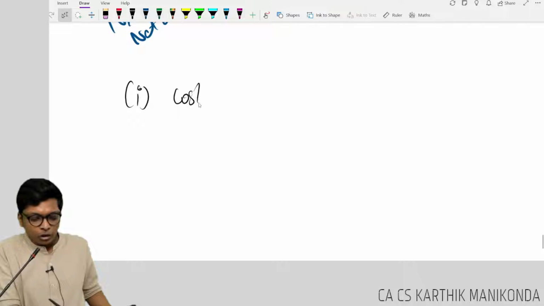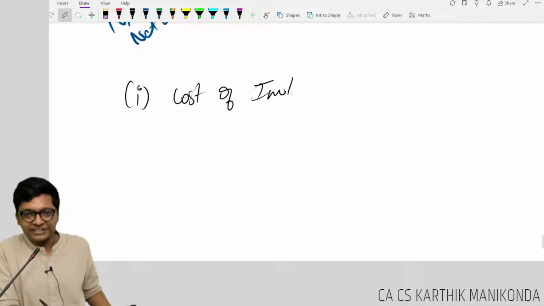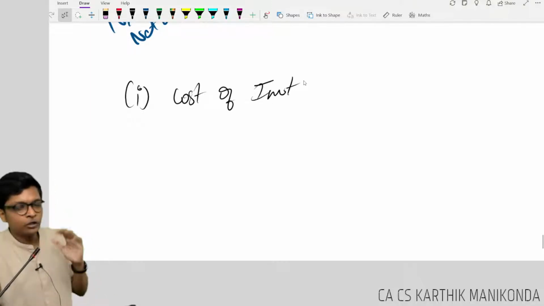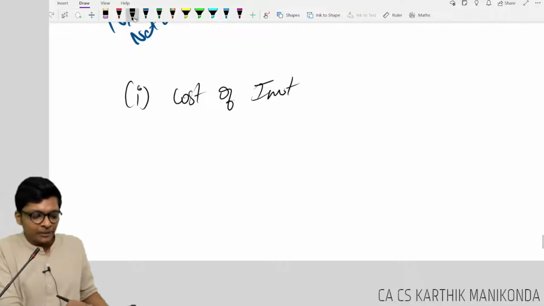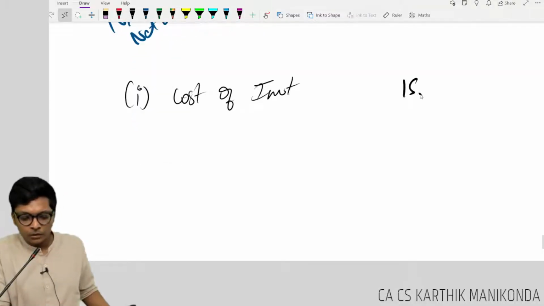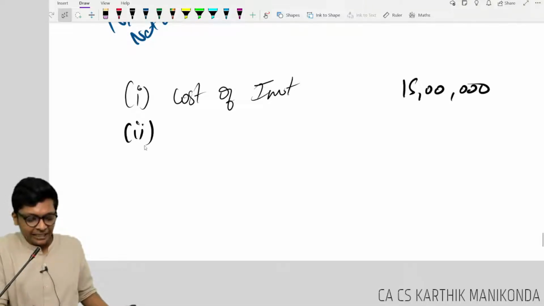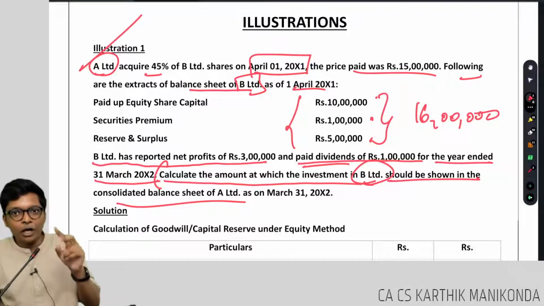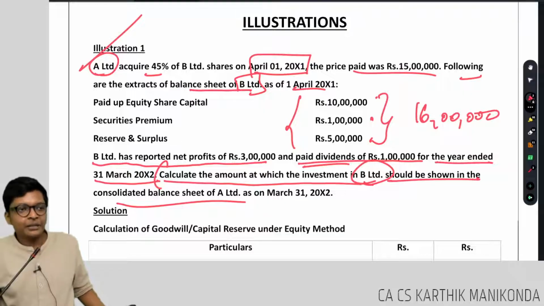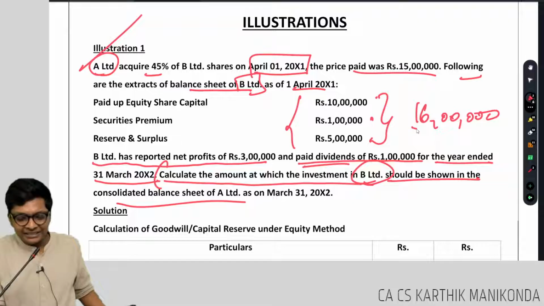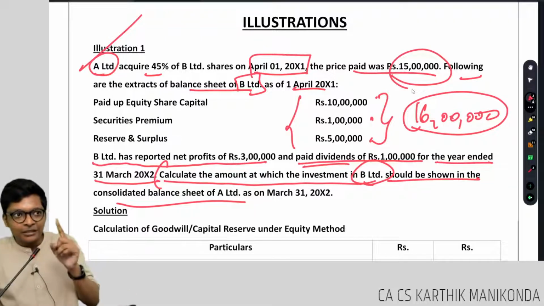I am sure by now some of you would have even started solving the sum and finished it in your mind at least. Cost of investment, how much, guys? 15 lakhs. Super. Second, I have to compute what? Goodwill or capital reserve. You tell me, guys. What is the goodwill? Something worth 16 lakhs. I paid 15 lakhs. So capital reserve is 1 lakh.